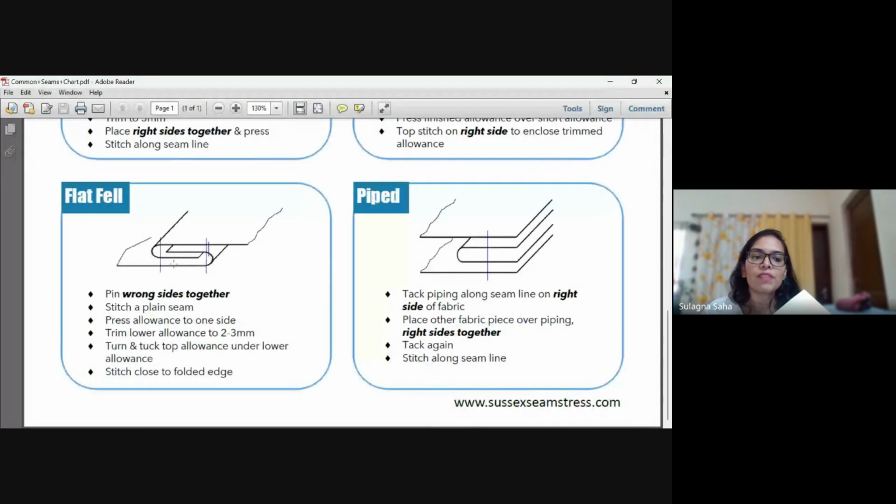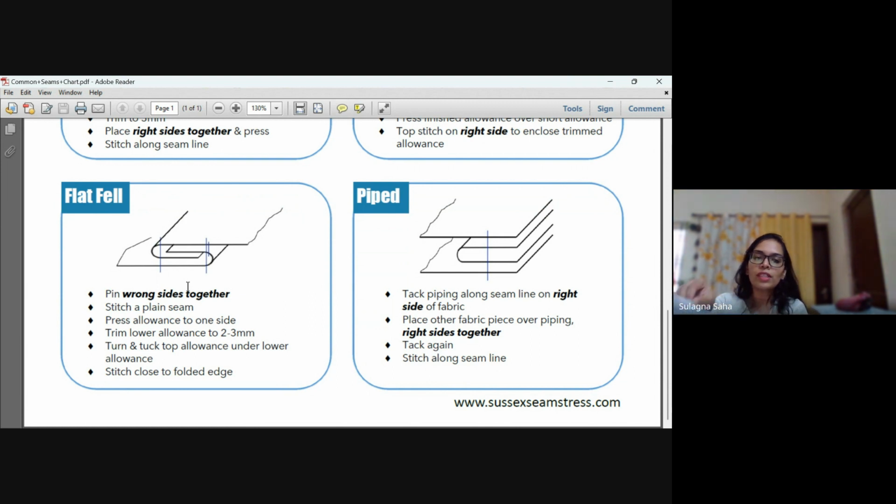Next is the flattened felt seam. Very common seam in seams of your denim, the side seams of your shirt. इसमें again हम क्या कर रहे हैं, हम wrong side लेते हैं, wrong side to wrong side, and either you trim one side, you do the plain seam and trim one side, or you again like welt seam, आप एक साइड को छोटा रख के स्टिच कीजिए ऐसे, राइट, एक साइड को दूर रख के स्टिच कीजिए like this.